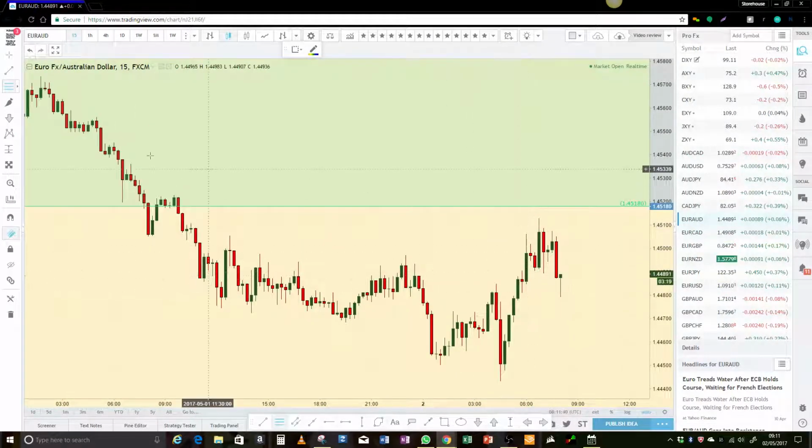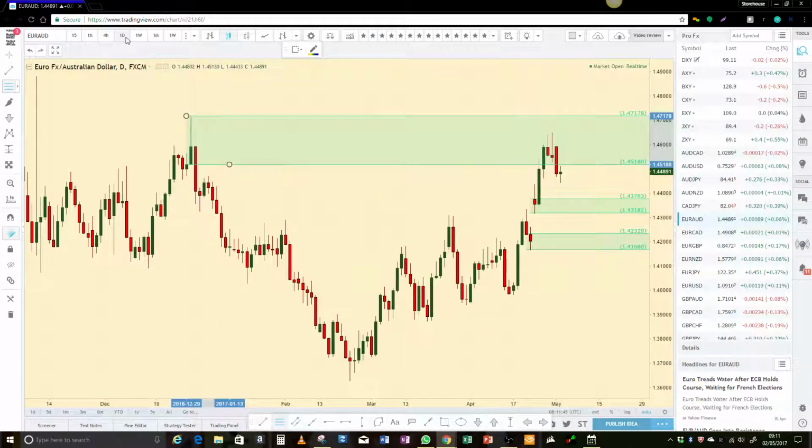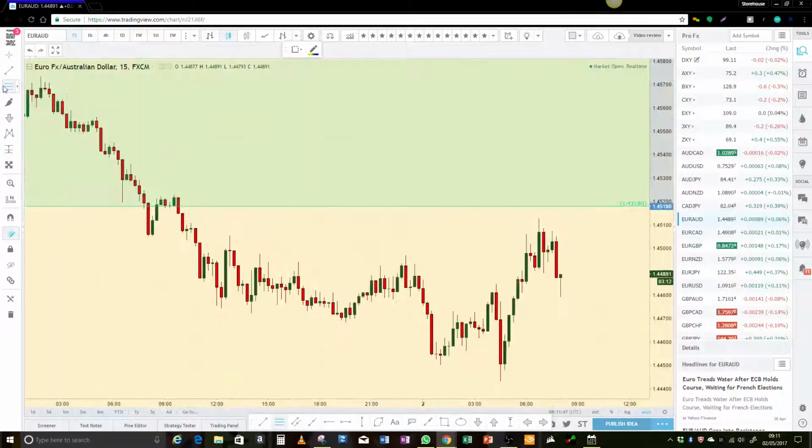So on the 15-minute, I think we now have, let's see, was that the daily? Yep. So on the 15-minute, potentially, I'm going to be looking at this area. I would have preferred a little bit of a bigger push away.